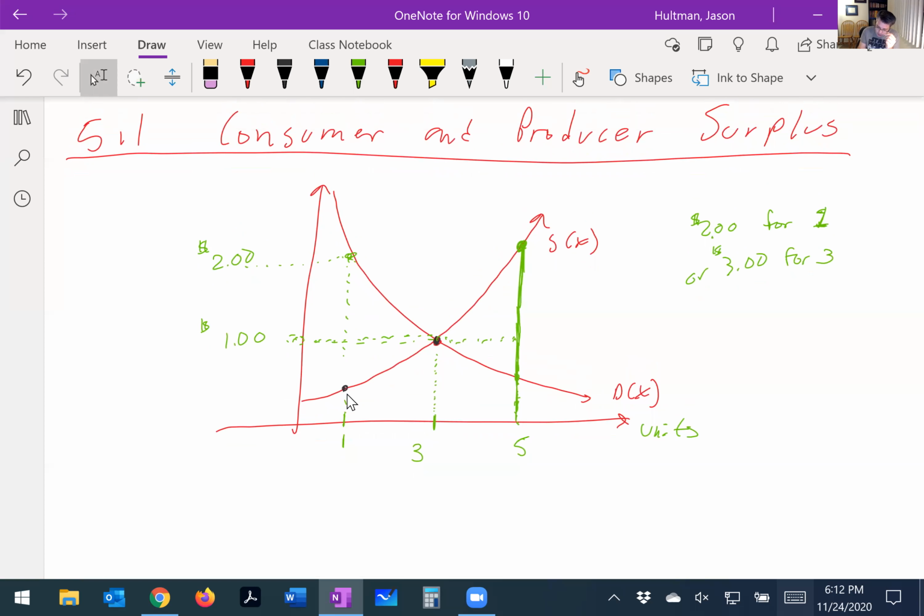The way that we look at the producer surplus or consumer surplus is we look at the equilibrium point, which again is right here.